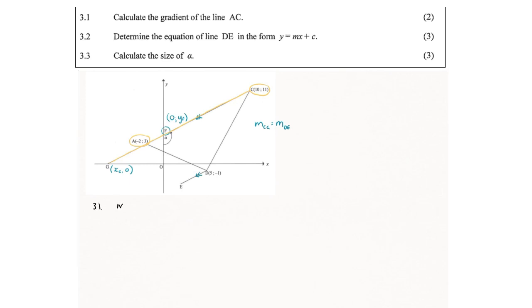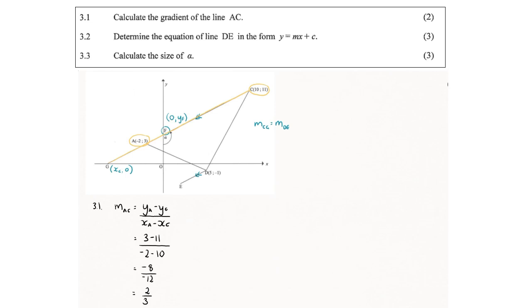So we can then write that the gradient of AC is equal to y of A minus y of C divided by x of A minus x of C. And that equals (3 minus 11) divided by (-2 minus 10). And that equals -8 over -12, and it simplifies to 2 over 3.